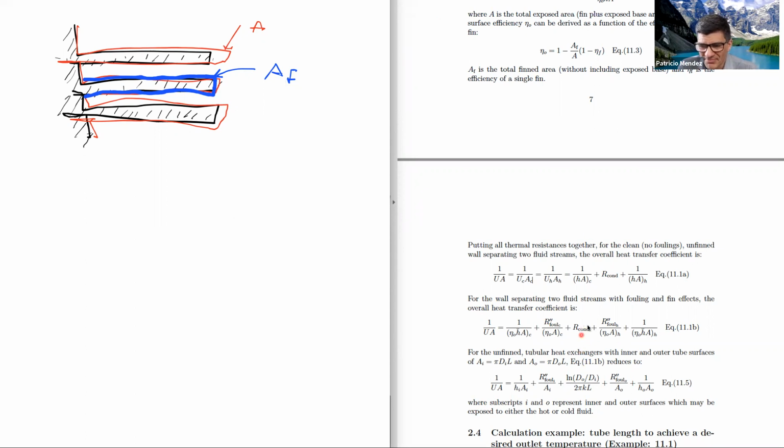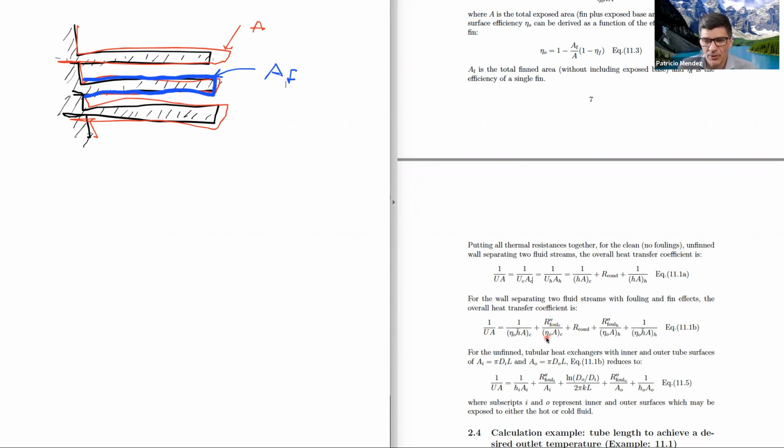Okay, and here if we were to have fouling, here we have fouling on top of the fins if we were to have fins. Of course, for example, the heat exchanger I showed would not have fouling outside because air doesn't cause significant fouling. It could cause corrosion if it is air from near the sea, right?